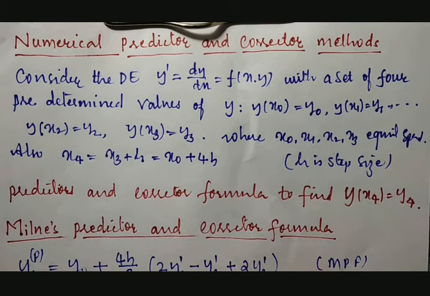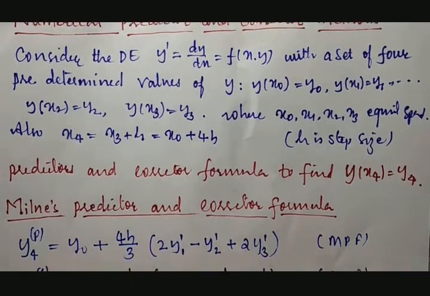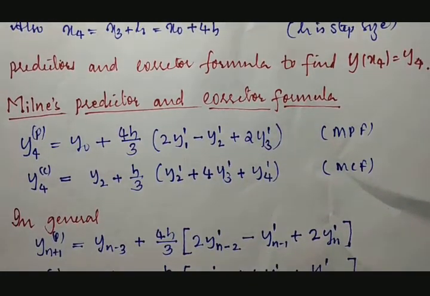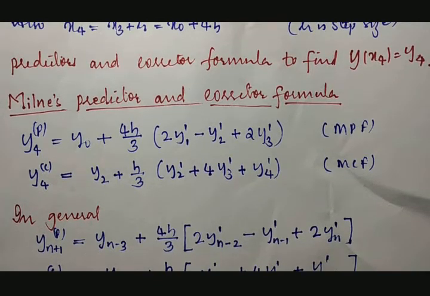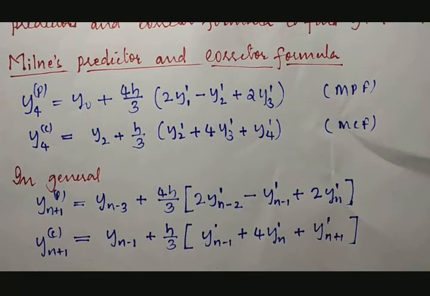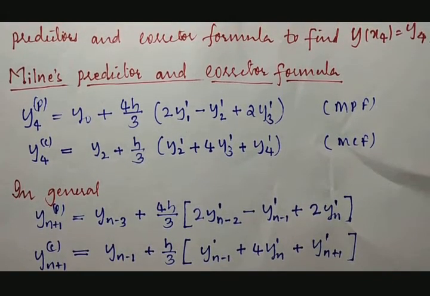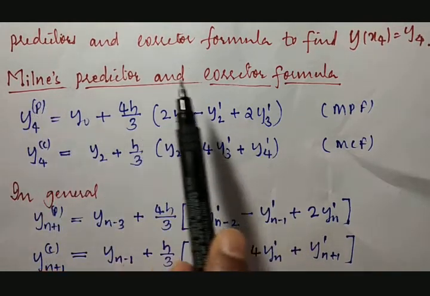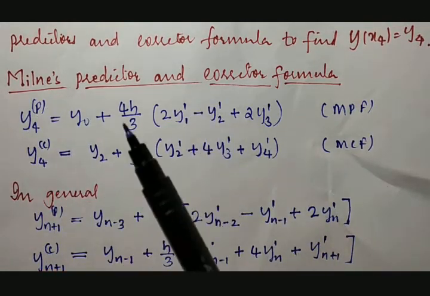For this situation, we have two different methods to obtain numerical solution. One, Milne's predictor and corrector formula, and second one is Adams-Bashforth predictor and corrector formula. First, I'll be discussing what is Milne's predictor and corrector formula.